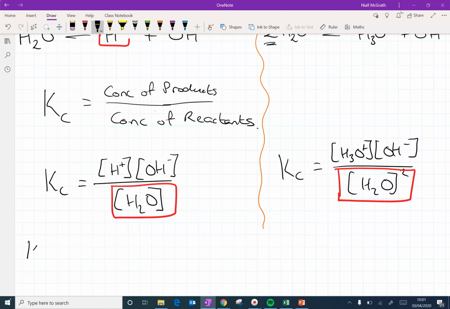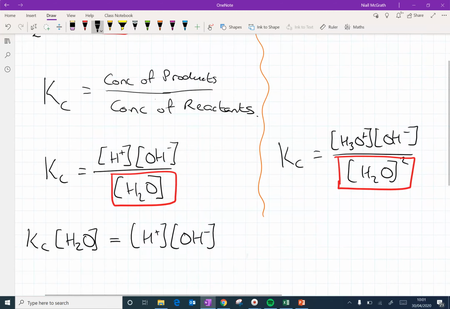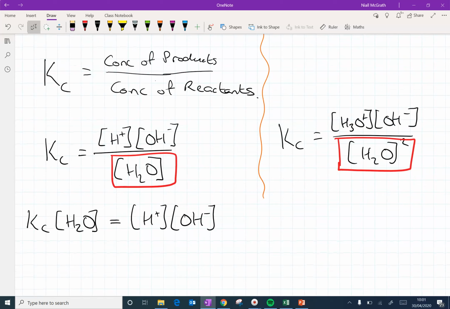So on the left hand side we can have Kc multiplied by H2O giving us H plus times OH minus. The ionic product of water is the constant substituted in for this term. So Kc times H2O is known as Kw.